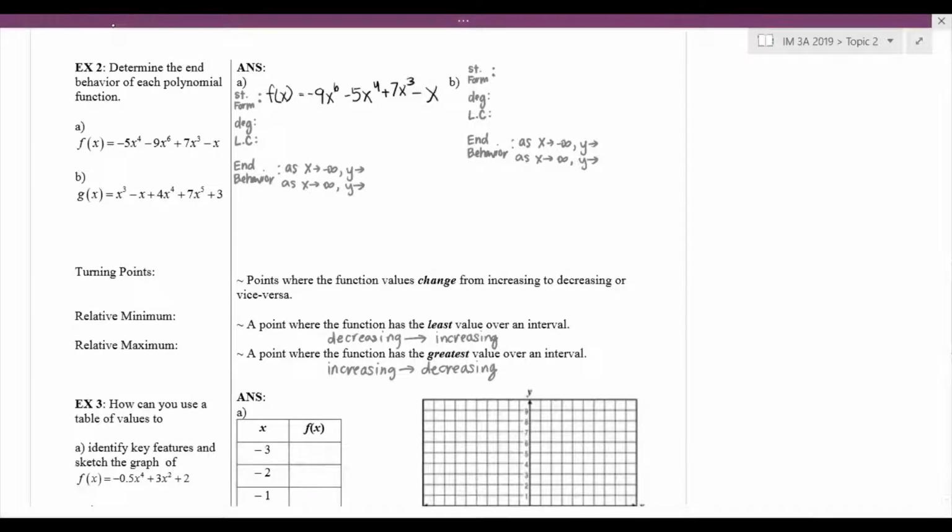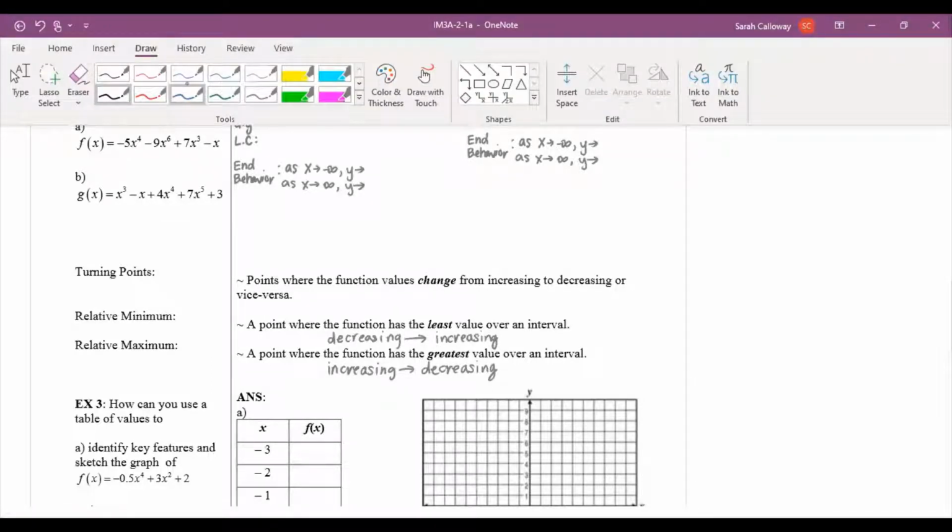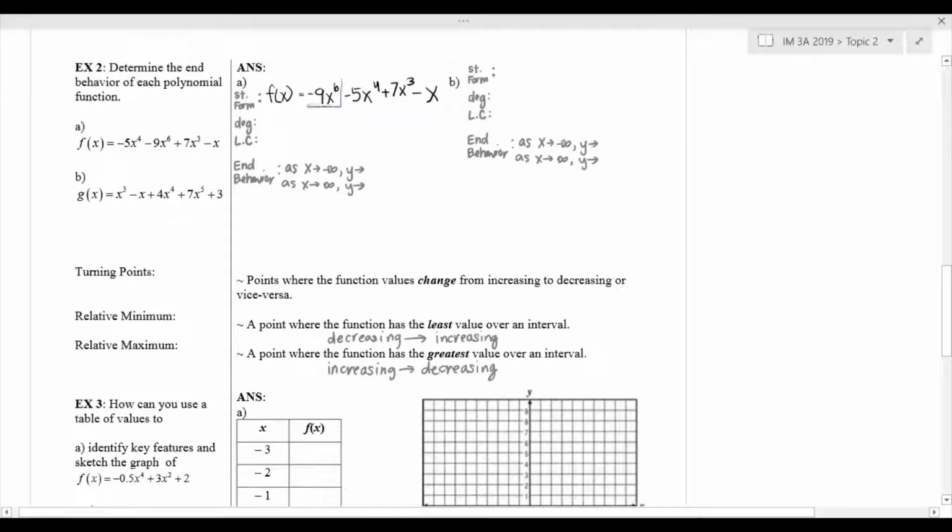And so in order to answer this question, we really just have to look at the first term, because that term tells us the degree. So the degree, the highest power, is 6. Sorry, that's an even number. And the leading coefficient is negative 9. Again, I care that that is a negative number.